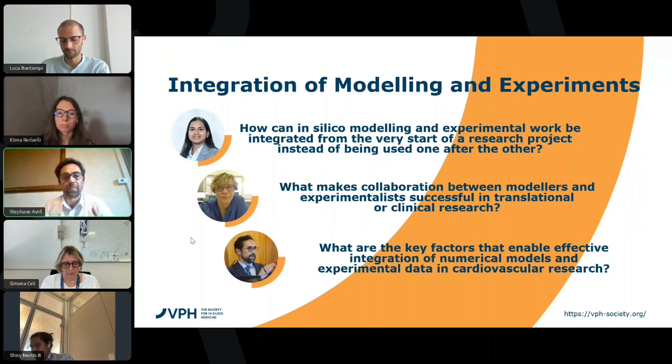So you cannot separate both. And on the other side, you cannot really have a model that will be translated without validation. So validation is really part of the decision process of pushing a model towards application. So these are two situations where integration is really important.